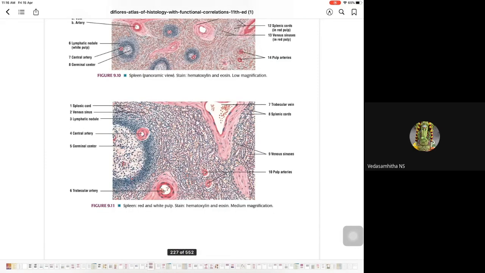Spleen, red and white pulp, stain hematoxylin and eosin, medium magnification. Splenic cord, venous sinus, lymphatic nodule, central artery, germinal center, trabecular artery, trabecular vein, pulp arteries.